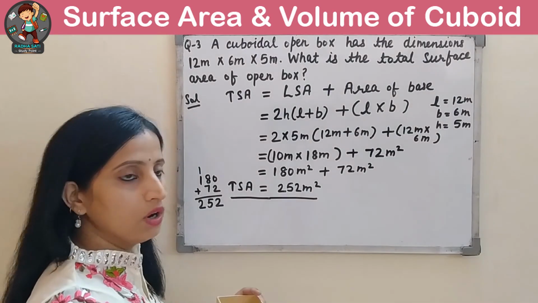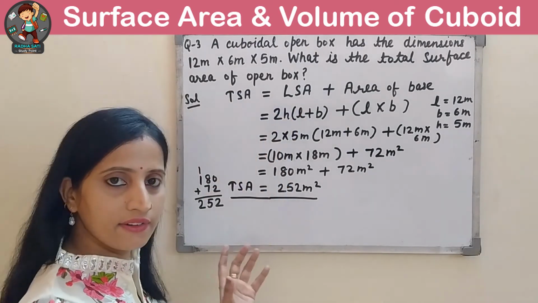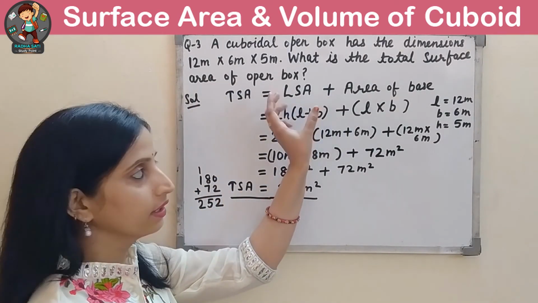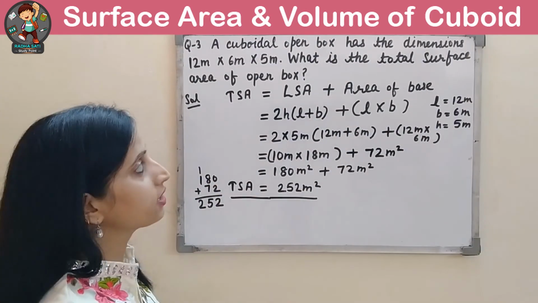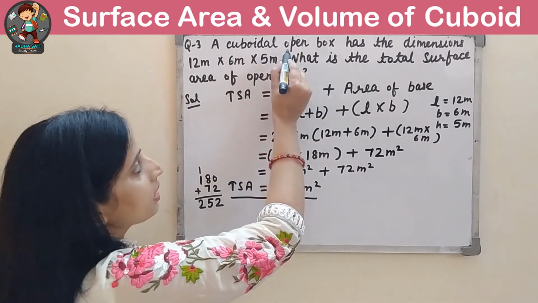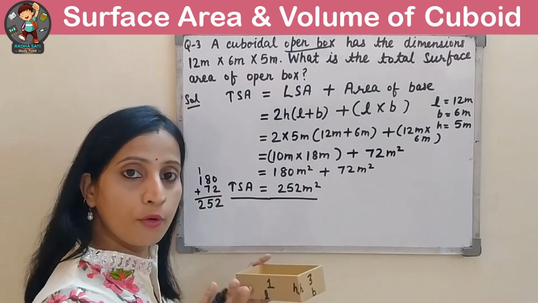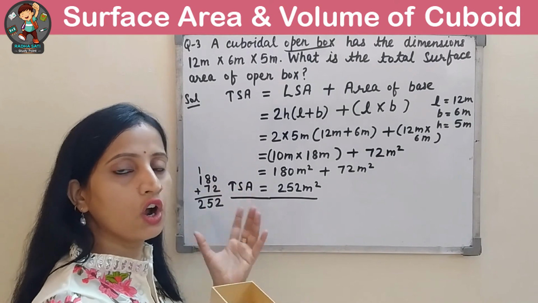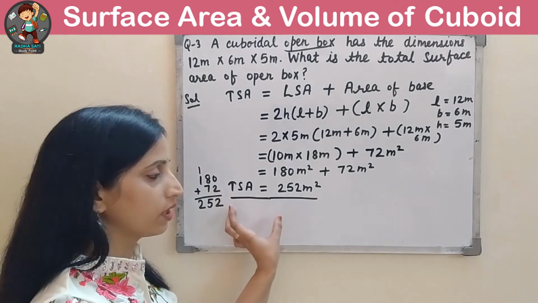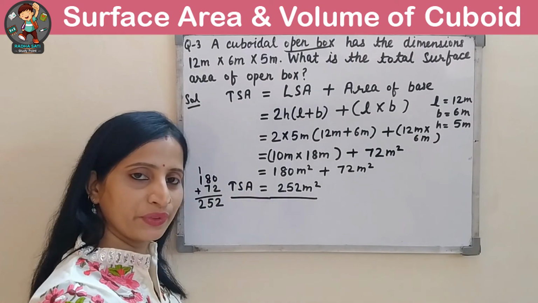Okay. So whenever these type of questions are given, read the question carefully. Instead of putting the formula of total surface area directly, first read the question that what is the condition given. The box is open. So area of one top face we will not include in total surface area. Okay.